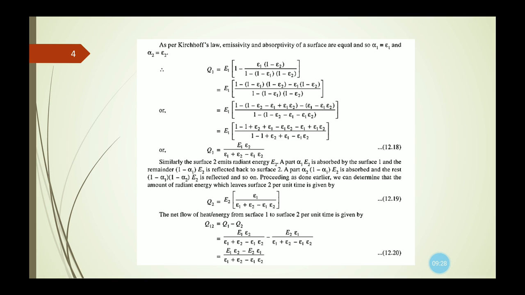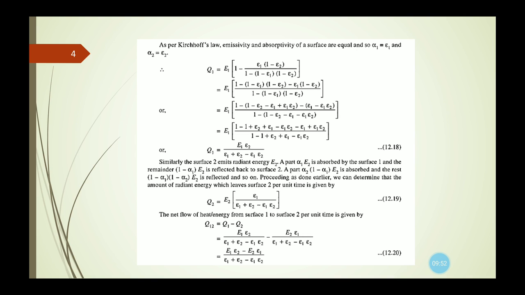Now as per Kirchhoff's law that we have discussed while discussing the introduction to radiation heat transfer, we have seen that the emissivity and absorptivity of a surface are equal when they experience the same temperature.